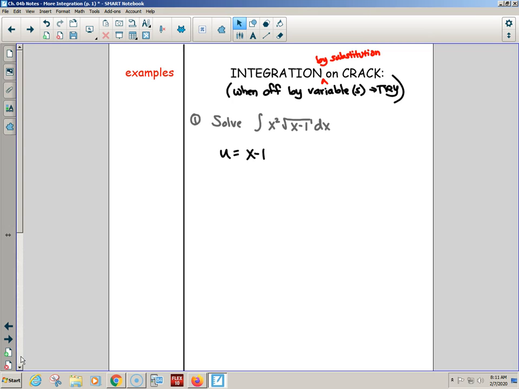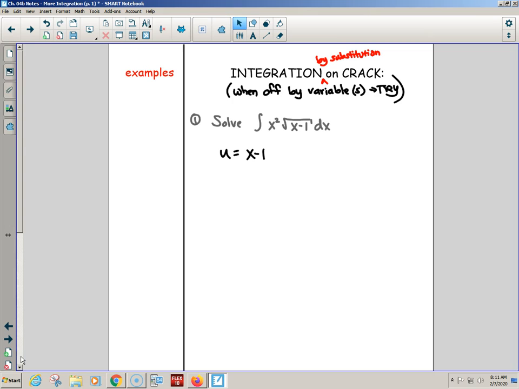You guys try to verbalize what's weird, what's wrong, what's off, what's not working. The x squared is still there. Are you guys seeing it? The x squared is totally still there. And the problem is, can we take an integral? Okay, I think I got it. Can we take an integral in terms of u and x at the same time?